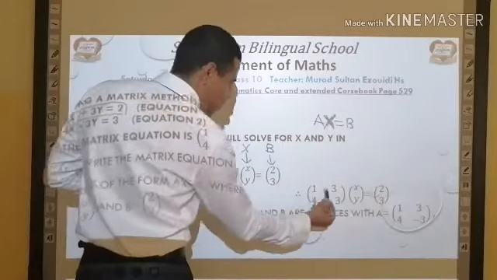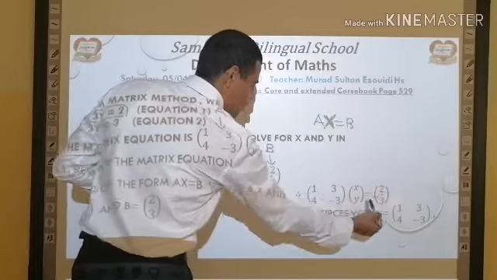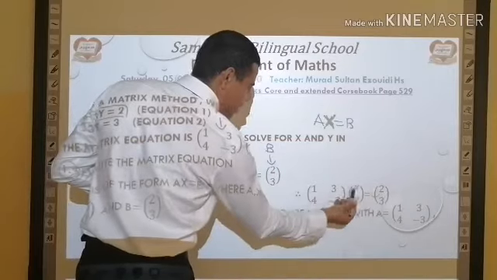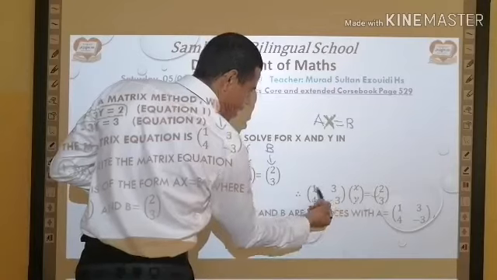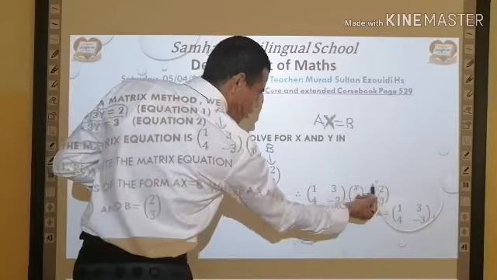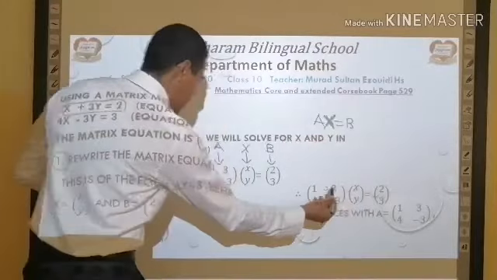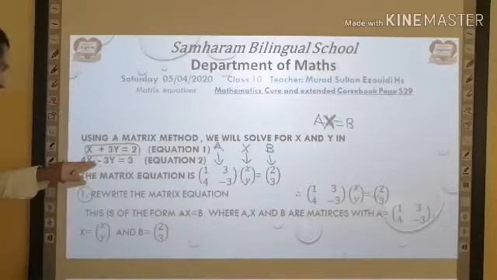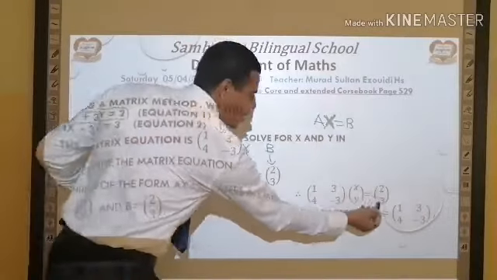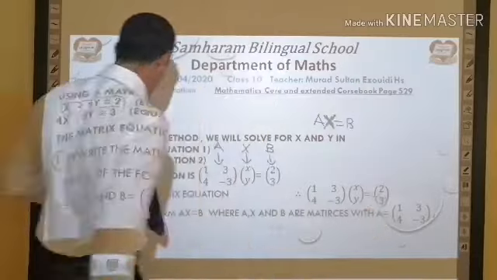If you multiply the first row by the column and equate, you will see 1 multiplied by x is x, plus 3 multiplied by y is 3y. So 1x plus 3y equals 2. The next one: 4 multiplied by x is 4x, negative 3 multiplied by y is negative 3y. Then equating both sides, it will be equal to 3.